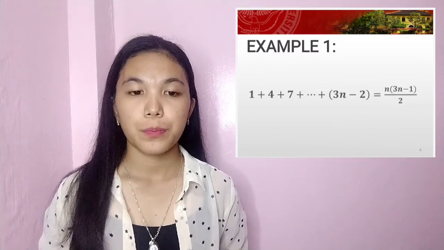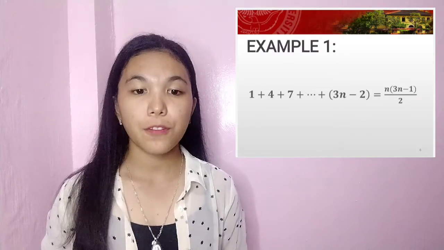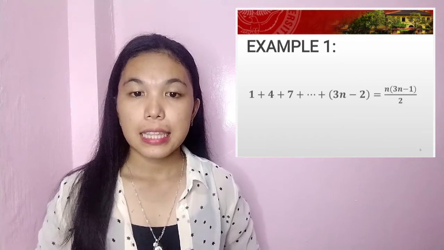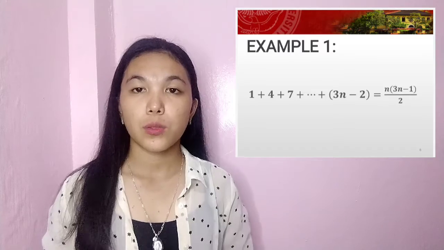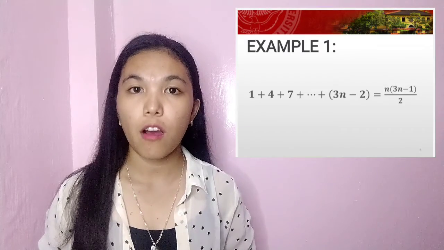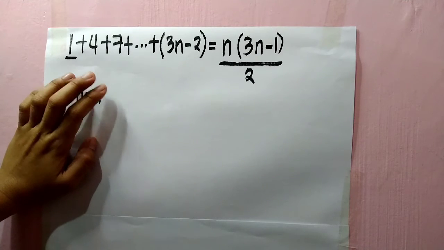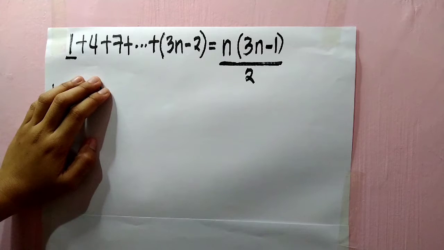So, we will have an example. We will prove that 1 plus 4 plus 7 plus all the way plus 3n minus 2 is equal to n times 3n minus 1 over 2. So we will prove this equation by using mathematical induction.